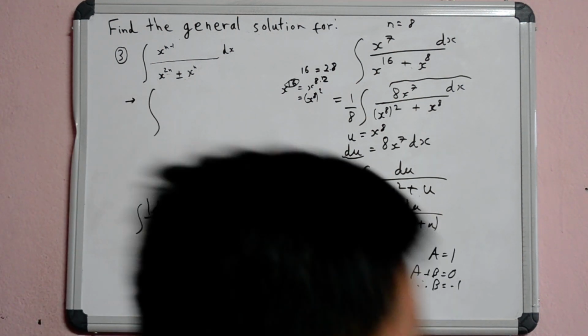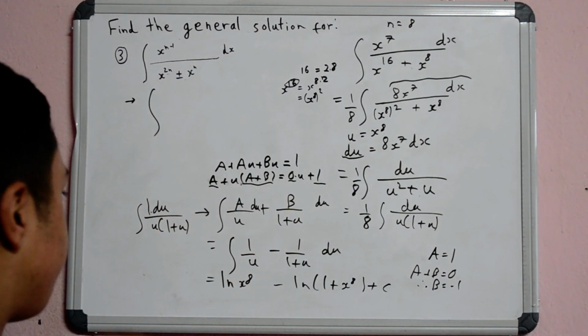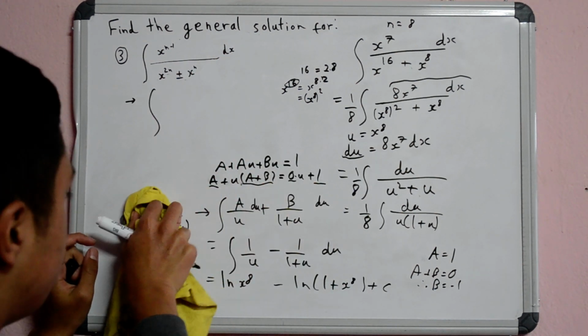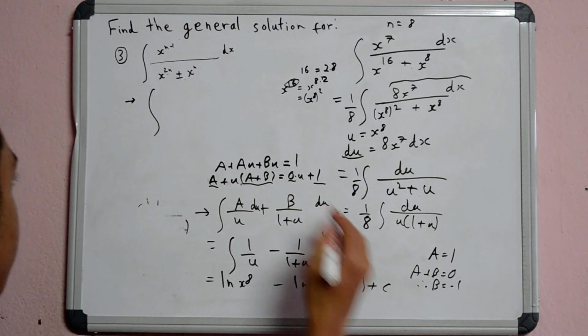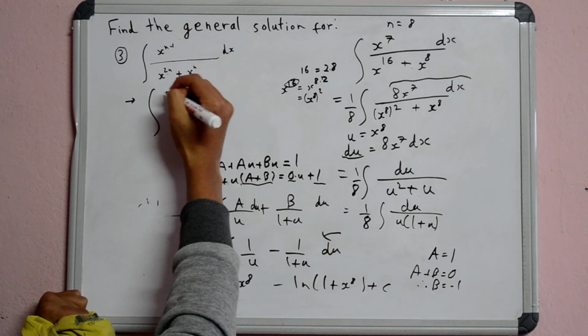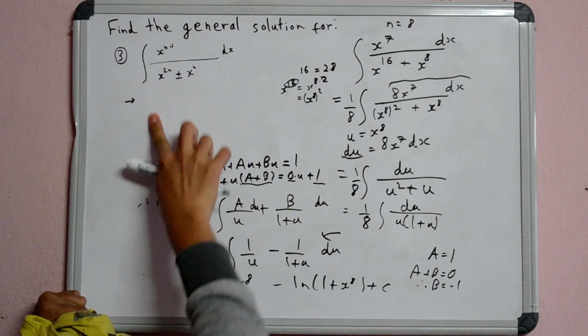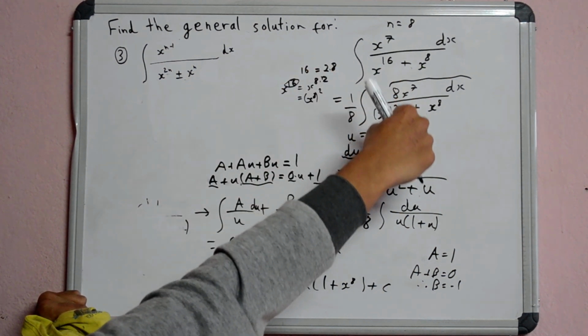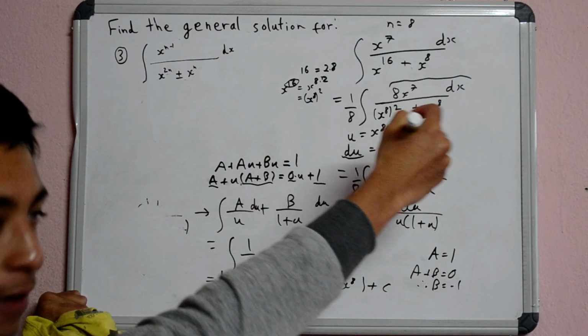Now, let's quickly find a general solution, and we will use this part right here. So first, we know that we have to just take u substitution for x to the power n.